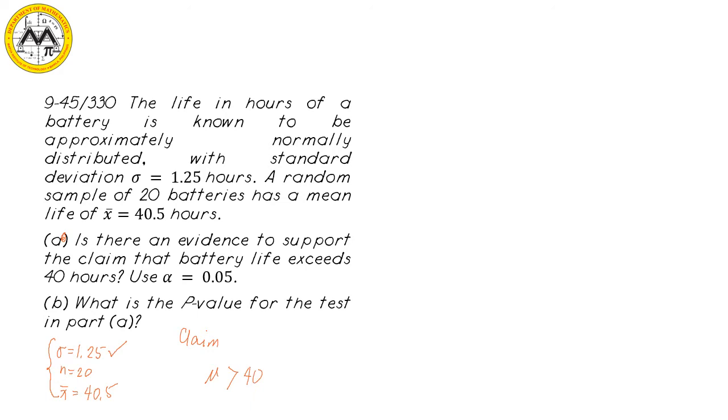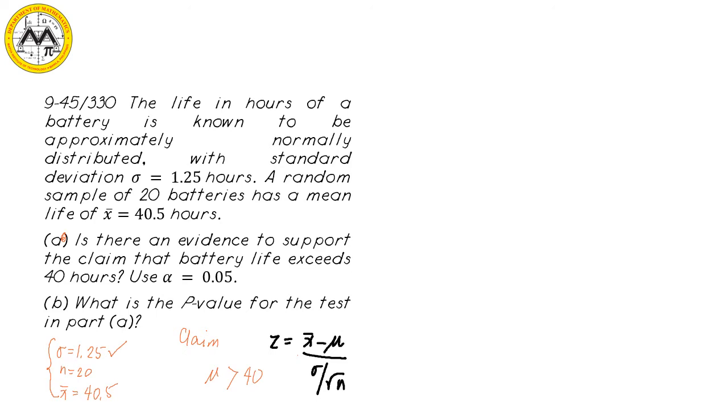What's the p-value for this test? For the computation, we're going to use the formula z is equal to x bar minus mu over sigma divided by square root of n.